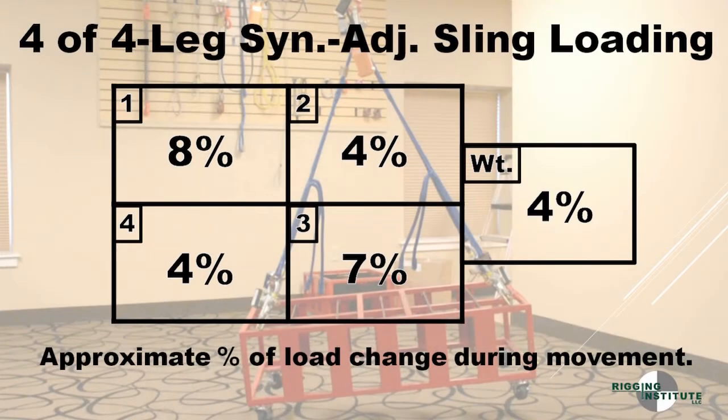Sling 1 showed the highest increase in loading at 8%. The hoist supporting the load increased by 4%.